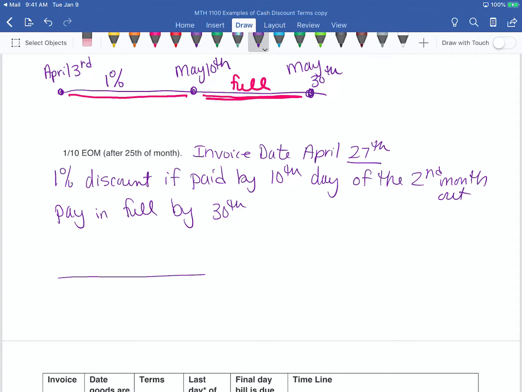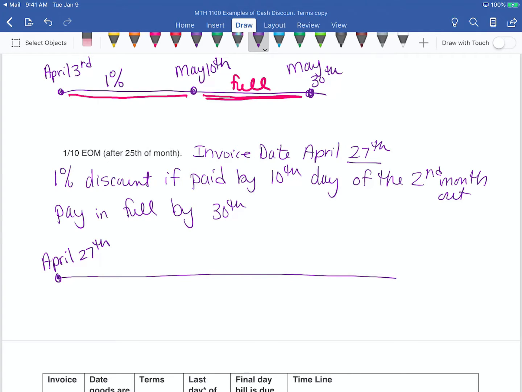So looking at the timeline, we would start on April 27th. Then, because the date is the 27th, which is after the 25th, we would go out 2 months on the 10th day.